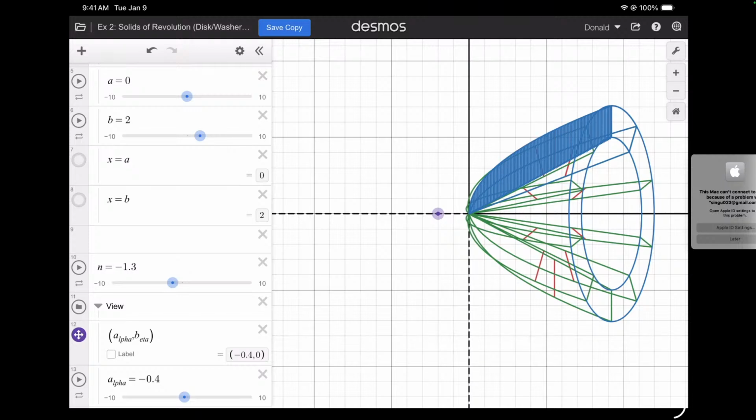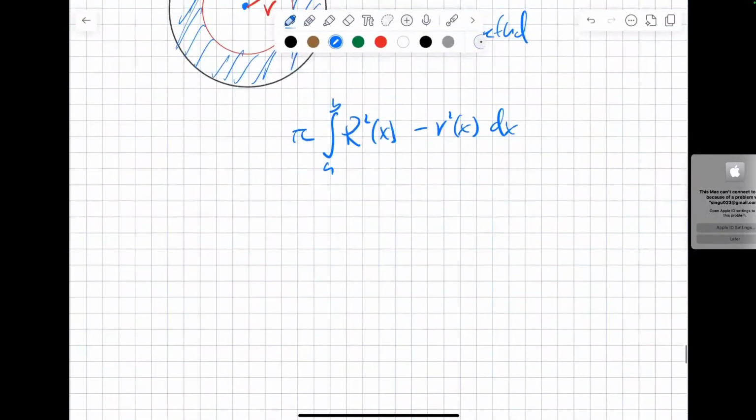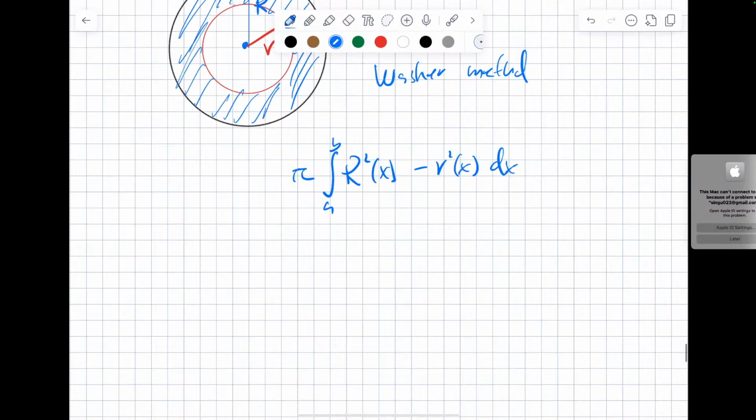Am I confusing you? It's okay, right? And you say, okay, how do I find this volume then? Well, we know that the function starts with square root x like this, and we're going to take out this.